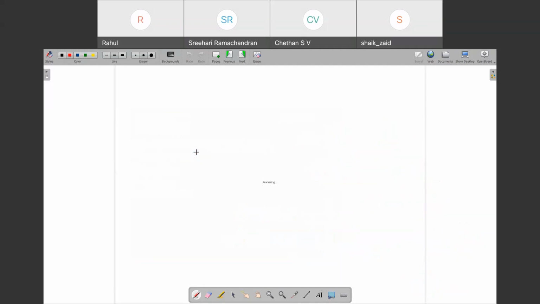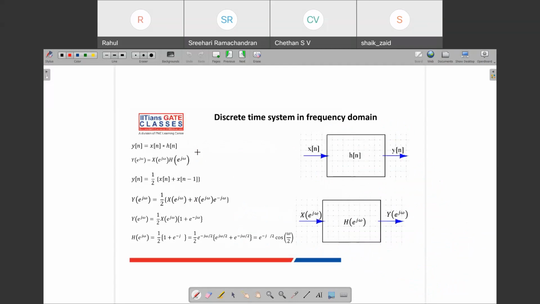We continue. Okay. Now we will talk about the discrete time system. Again, we know that the output will be given as a convolution of the input and the impulse response. So in the frequency domain, it will become multiplication.